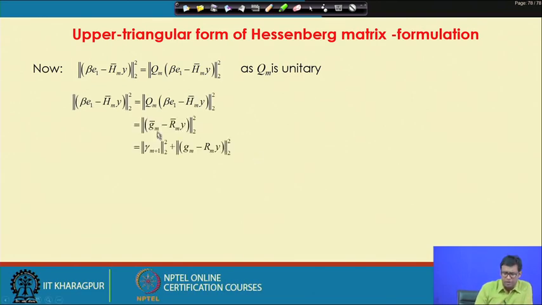So, the L2 norm of beta e 1 minus h bar m y is the L2 norm of Q m into beta e 1 minus h bar m y. This is the L2 norm of G m bar minus R bar m y. R bar m has the last row 0. So, we can write the L2 norm of G m minus R m y plus the last component of G m, which is gamma m plus 1.